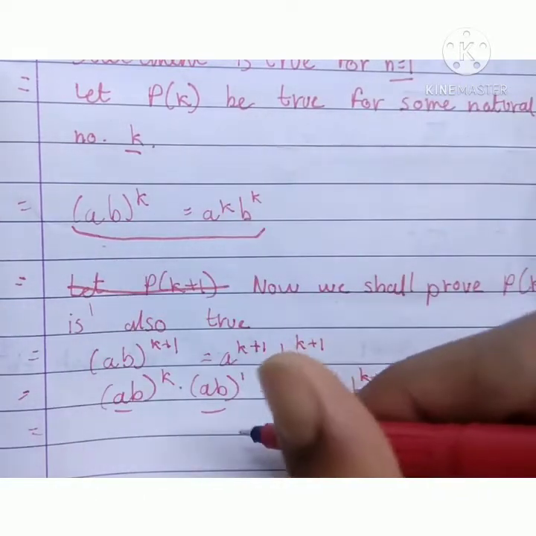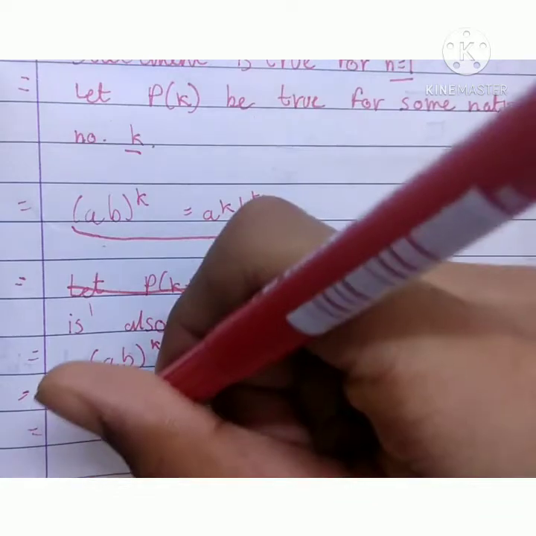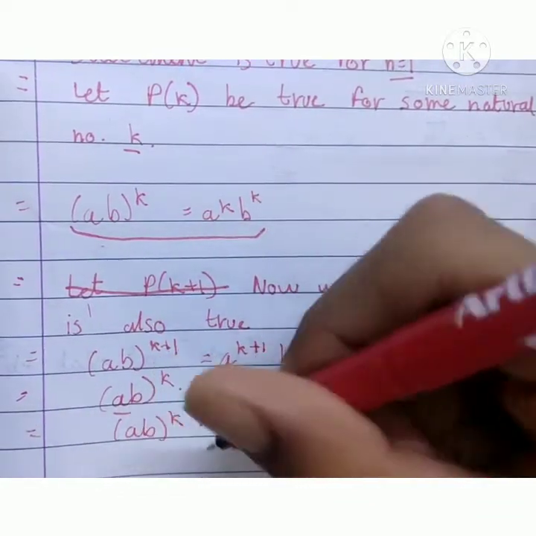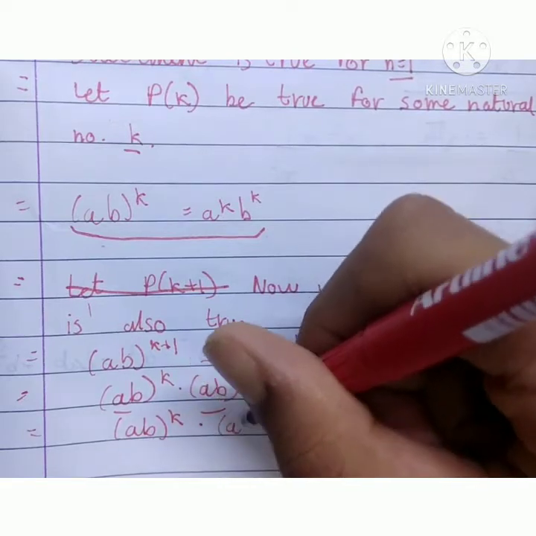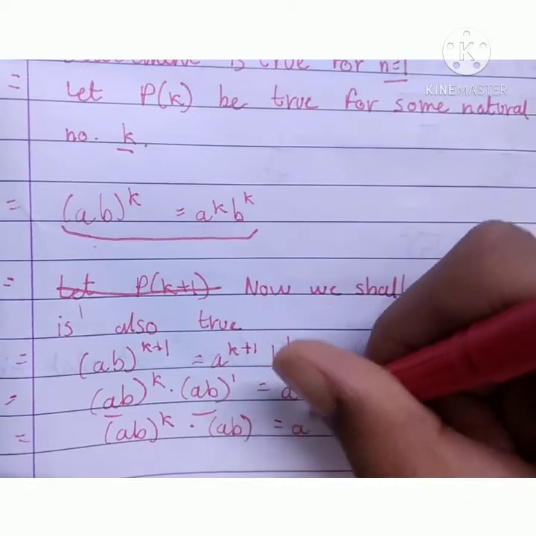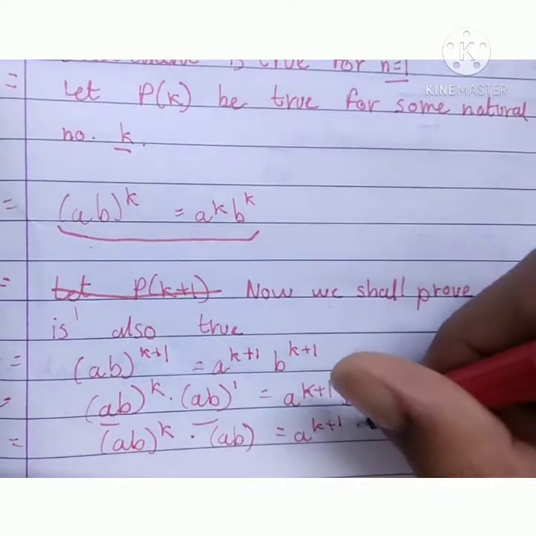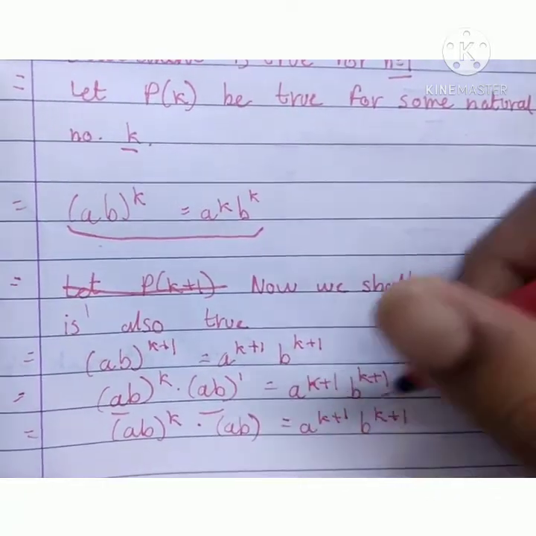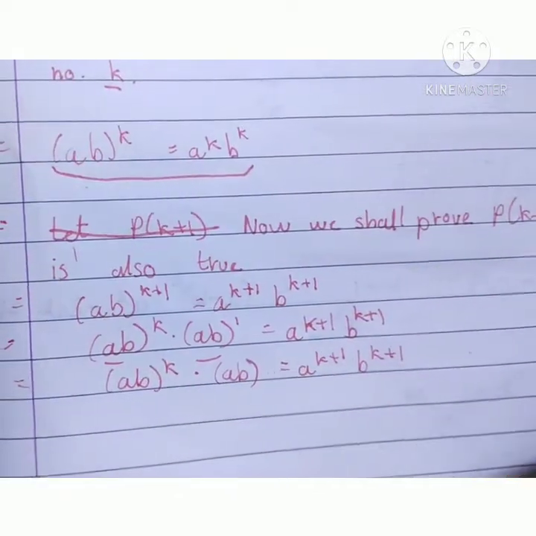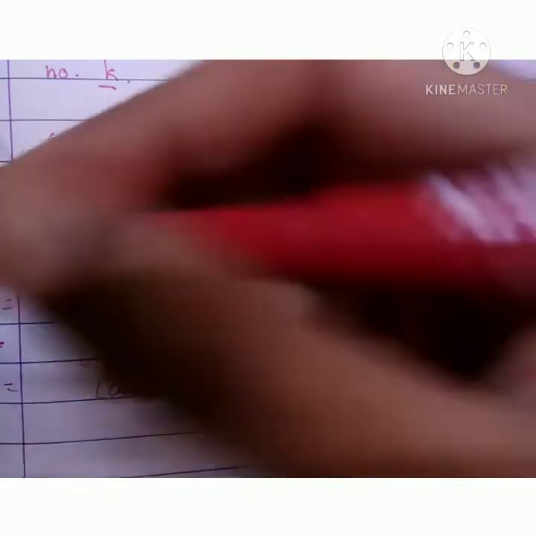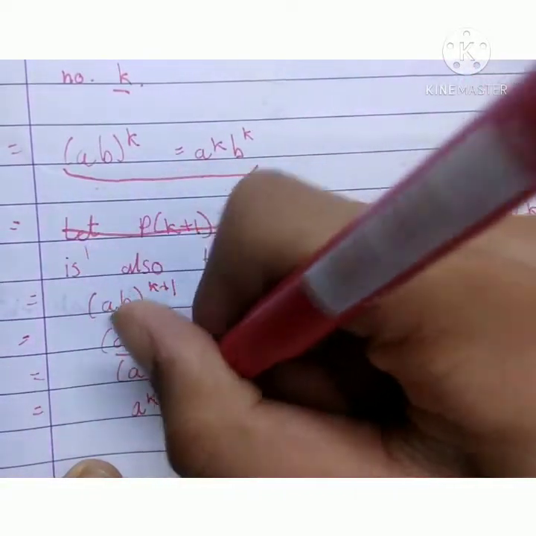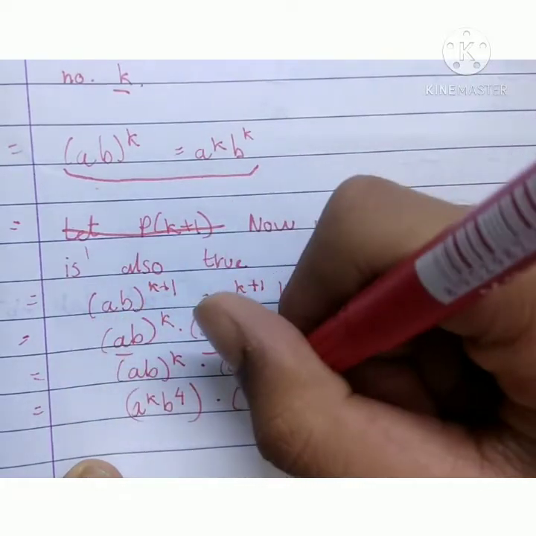Here the power is 1, so if we write it or don't write it, it won't matter. So it is (ab) raised to k multiplied by ab, and our RHS is as it is. Now this is in multiplication, so (ab) raised to k becomes (a raised to k, b raised to k) in brackets, multiplied by ab.